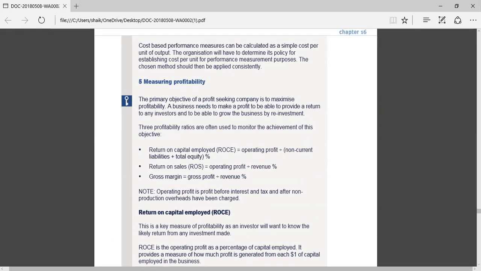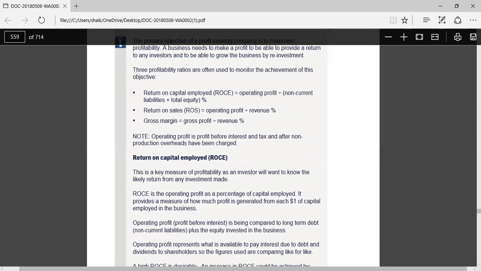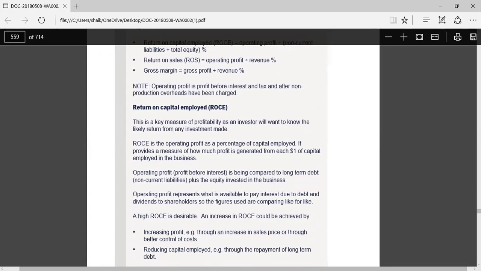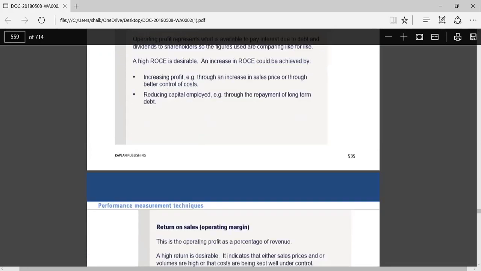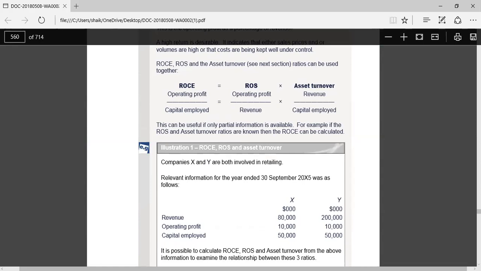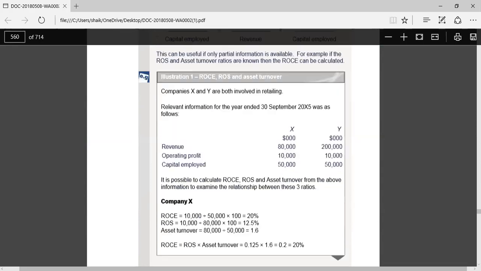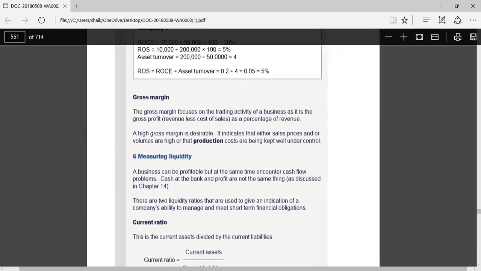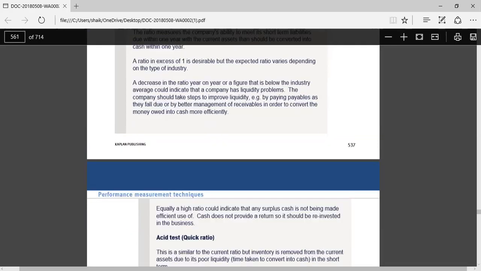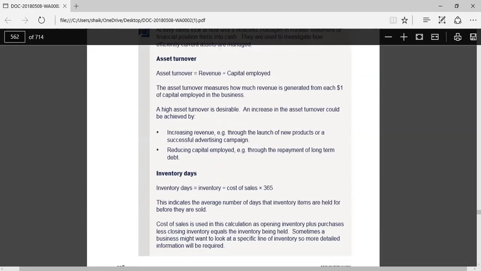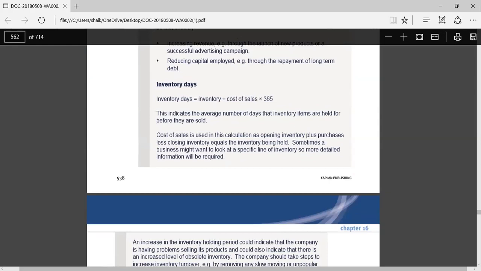Non-current liability and total equity have already been provided. I need to give the value of sales and gross profit, that is operating profit. Along with this, current assets and liabilities and inventory have been given.